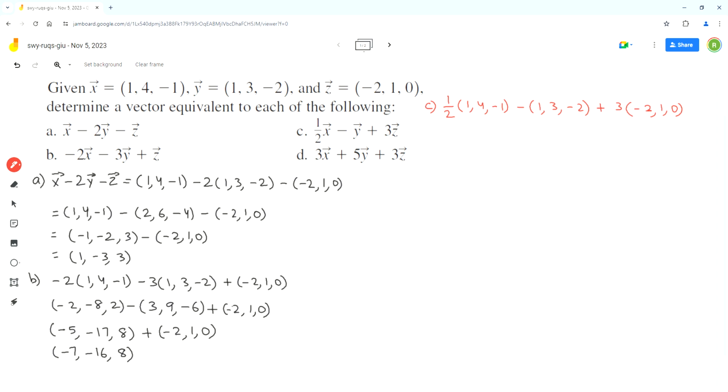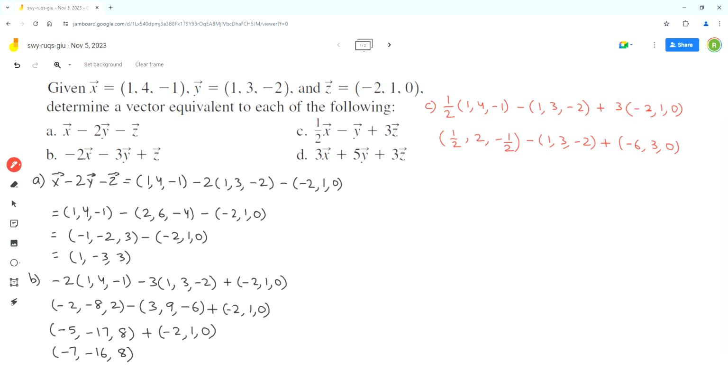So we'll multiply the first vector by half. So we multiply each component by half. And we can multiply the z vector by 3. So we multiply each component in that vector by 3.